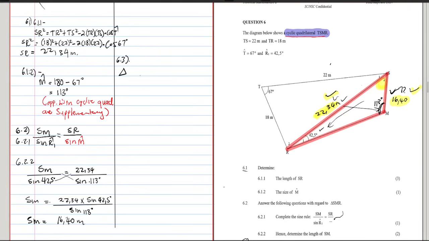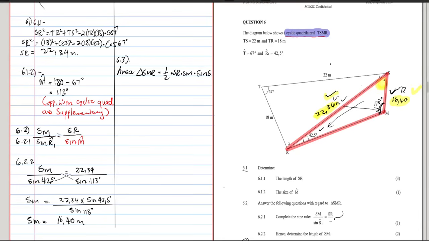So triangle SMR, let me say area of triangle SMR is equal to half multiplied by SR multiplied by SM multiplied by the sine of the angle in between.